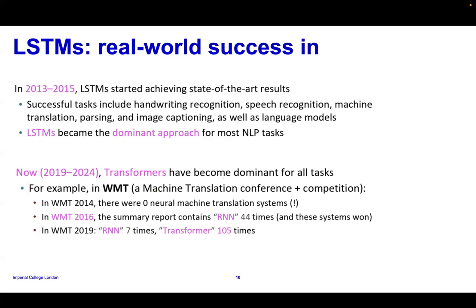People were using it. But WMT is a yearly competition to solve the machine translation problem, and in WMT 2019, RNN was mentioned 7 times and transformer was mentioned 105 times. That means today, if you find the report, you may see no single paper that works with RNN.